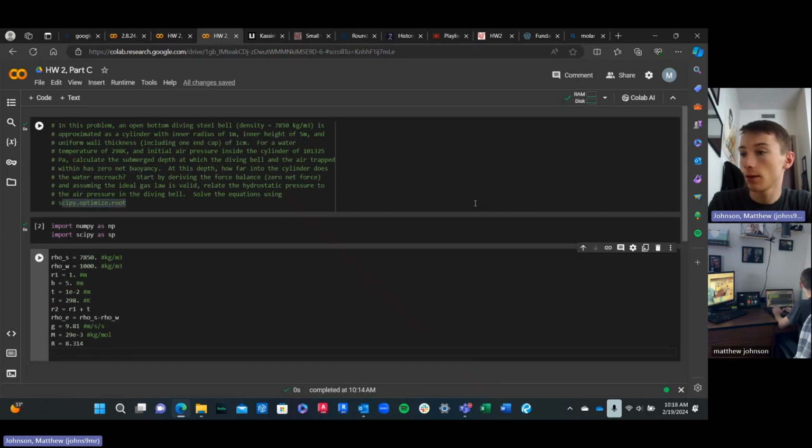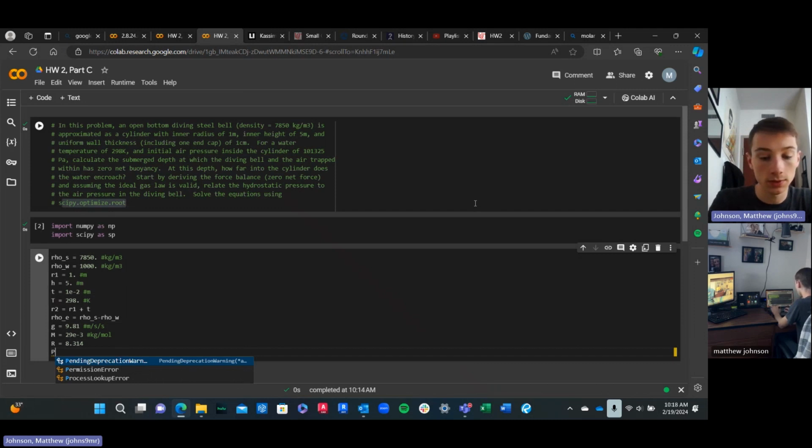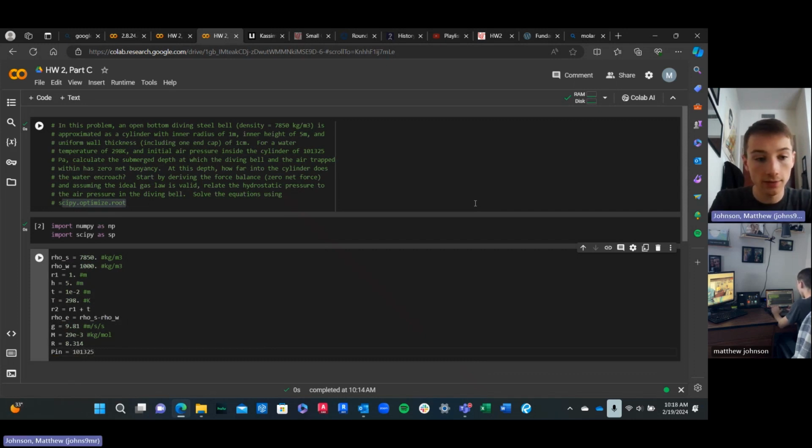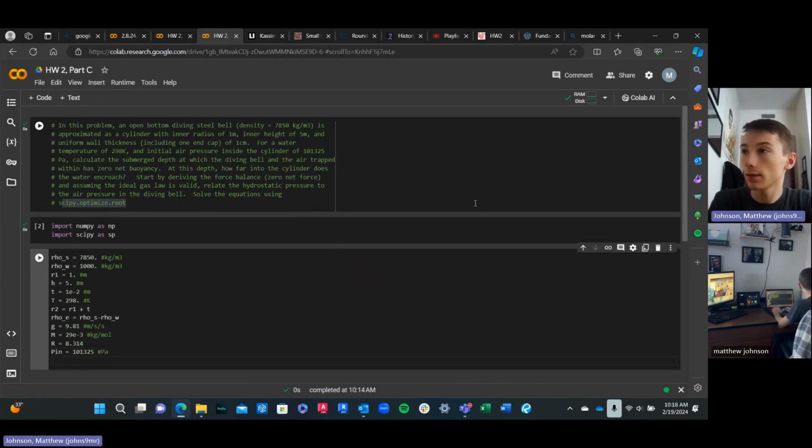And then the initial pressure. We'll need the atmospheric pressure, so we'll call that P initial, 101,325, and that's in pascals. Now I think all we need is the area and the volume of the bell, because we've used those a few times in our formulas.